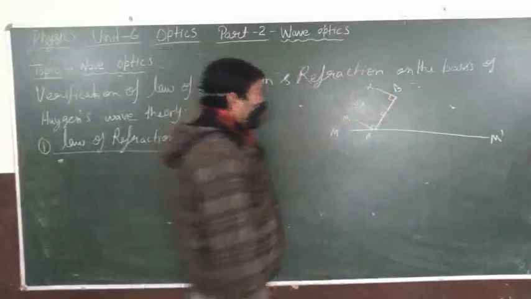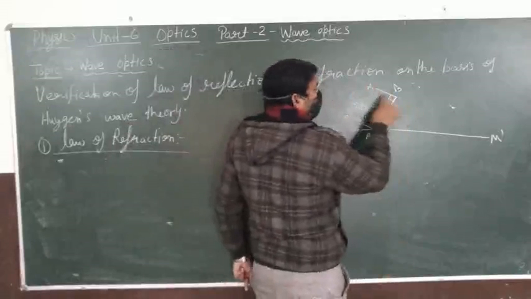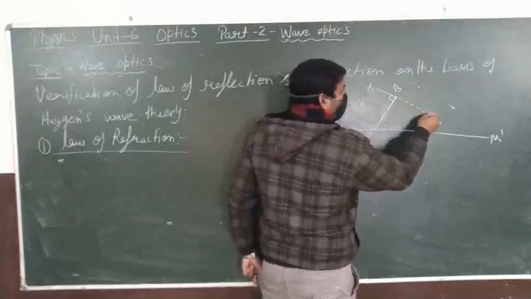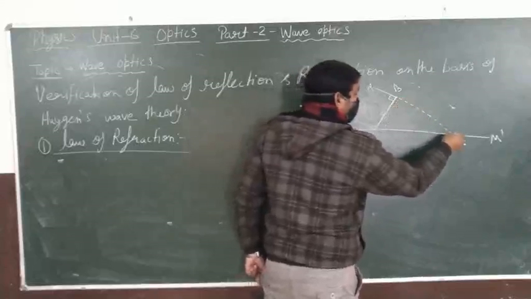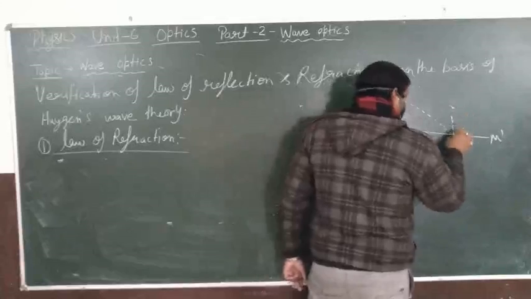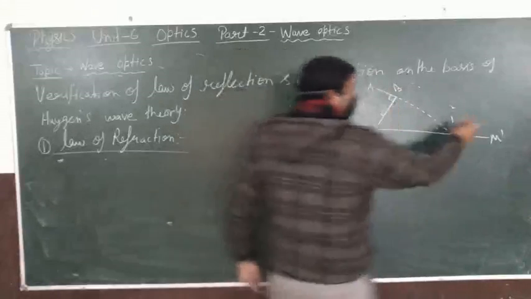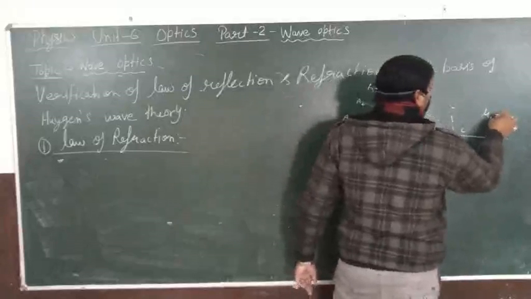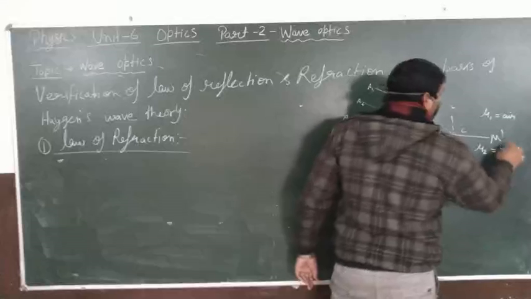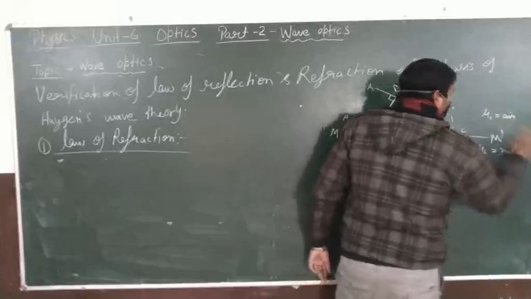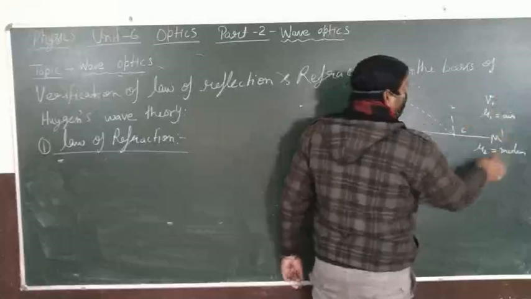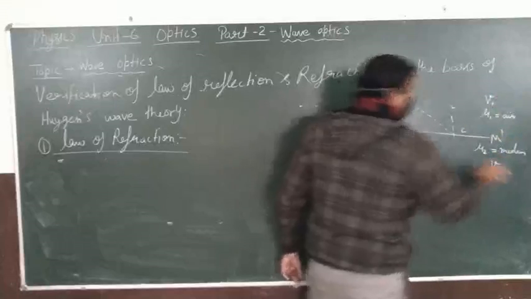Now the ray traveling from B in the first medium falls on the surface at point C. Suppose this is the first medium of refractive index 1, called air, and this is the second medium of refractive index 2, any medium. If the speed of light in the first medium is v1 and in the second medium is v2.